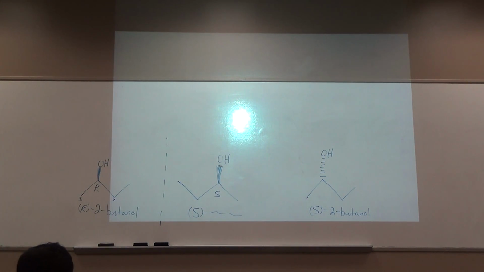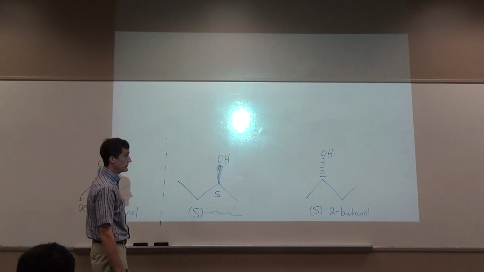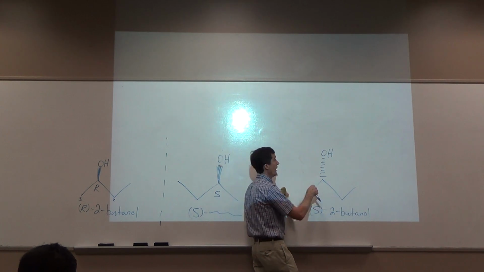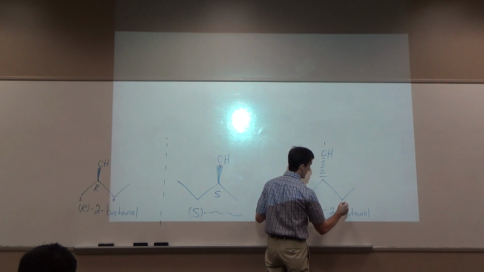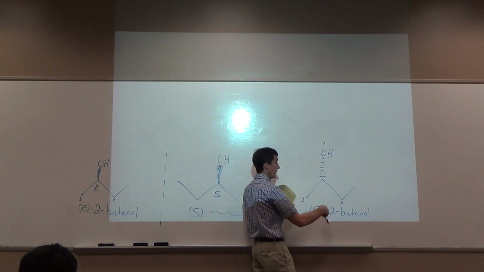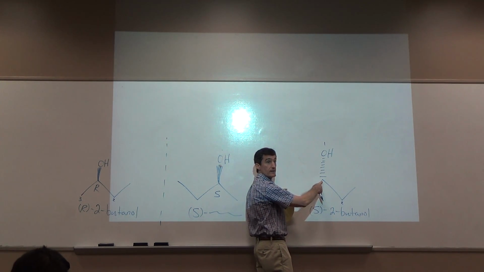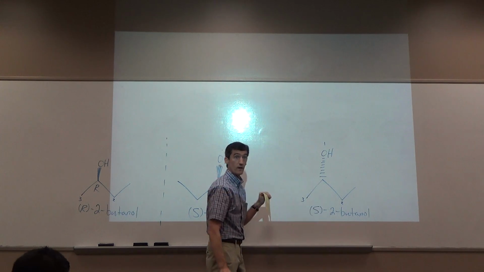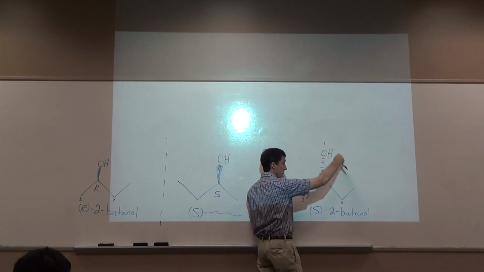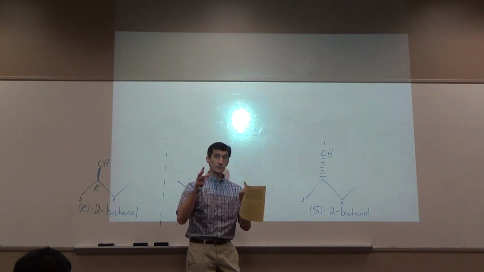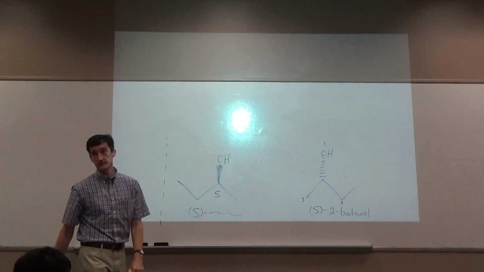How do we know that? Well, you know it's 2-butanol, but let's do R and S. Okay, 1, 2, 3, those are the priorities. Where's the H? Is it back? No, it's forward. 1, 2, 3 is clockwise. But if the low priority group is forward, what do you need to do?